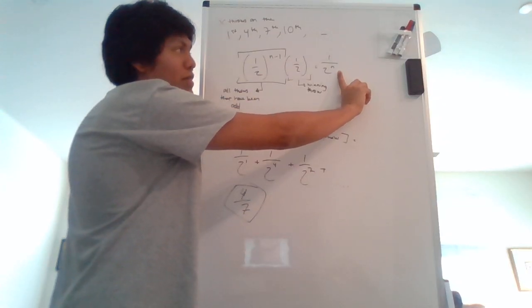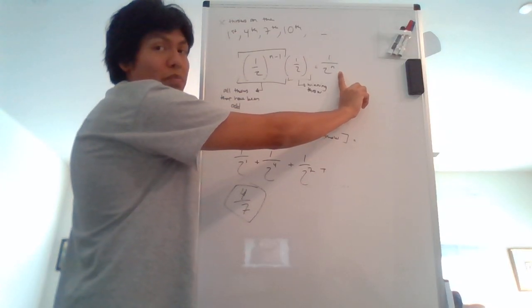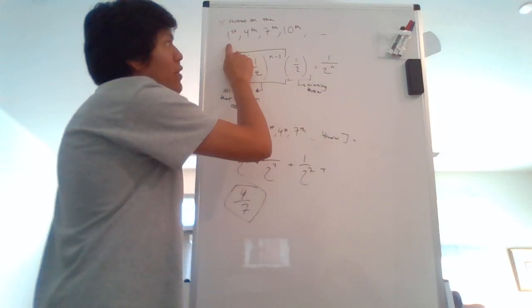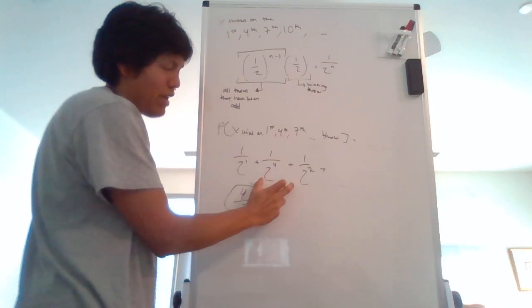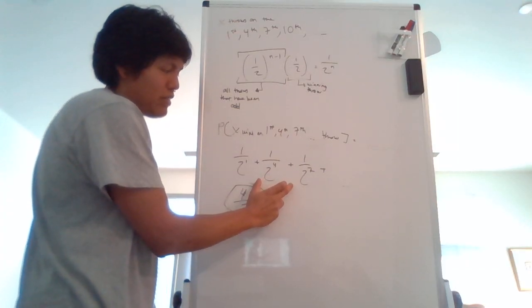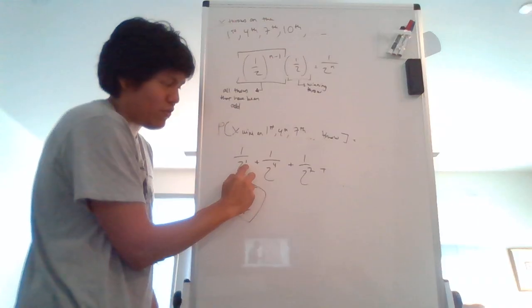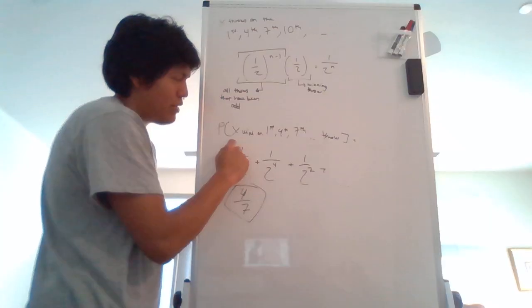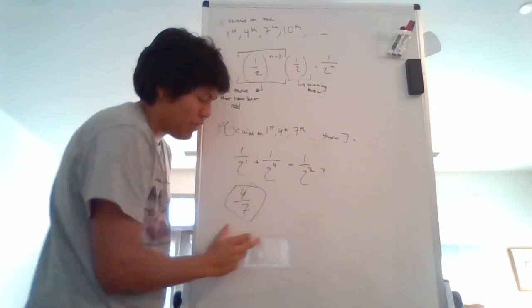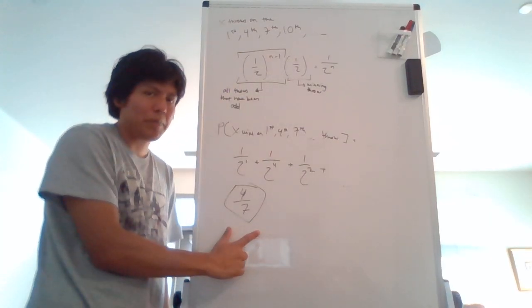And this is the fraction we use to find the probabilities of x winning on the 1st, the 4th, the 7th, the 10th, where we replace the n when we add the fractions up. 1 over 2 to the 1, 1 over 2 to the 4, 1 over 2 to the 7, so the answer to this probability is just an approximation.